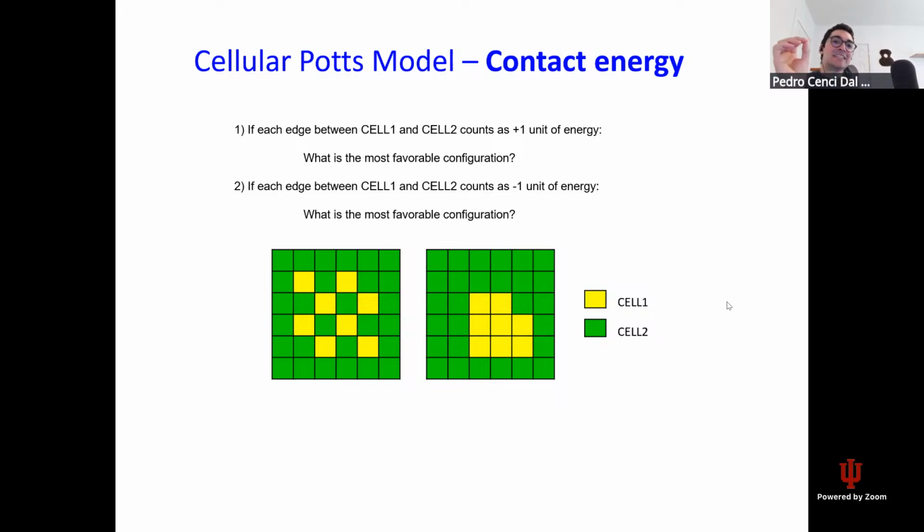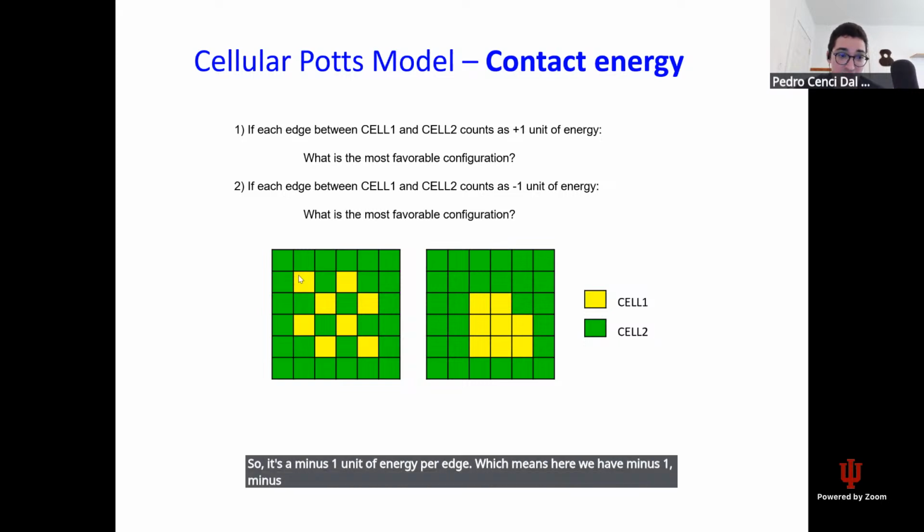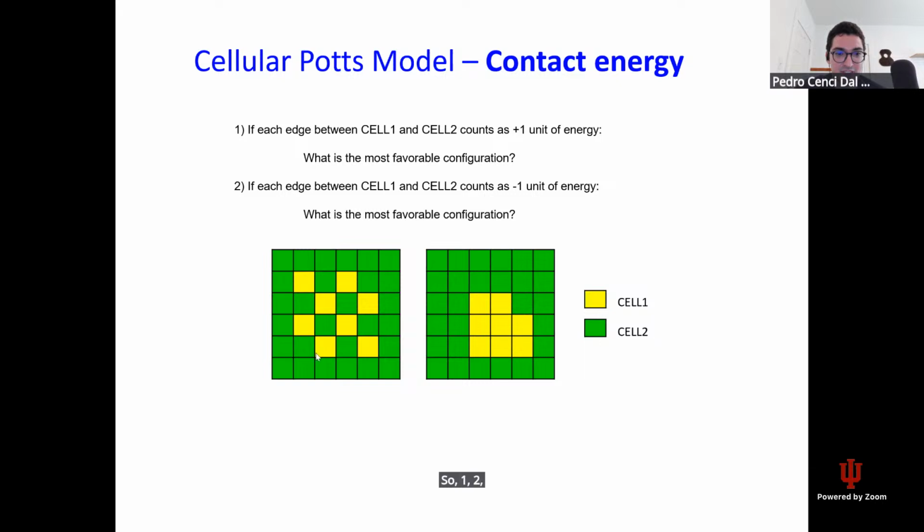So it's a -1 unit of energy per edge, which means here we have -1, -1, -1, -1, which is -4 for each pixel. So 1, 2, 3, 4, 5, 6, 7, 8. 8 times 4 is, I think it's 24. So -24.